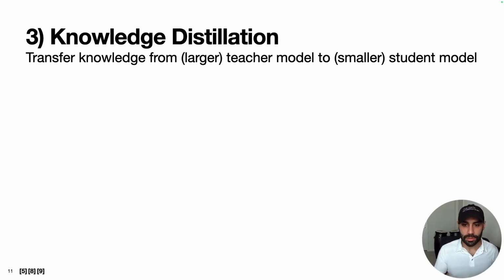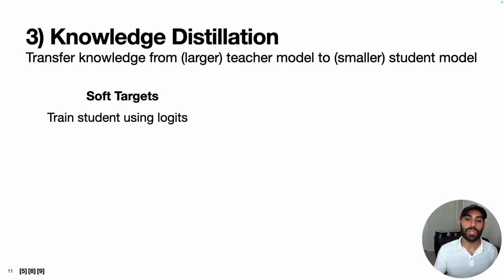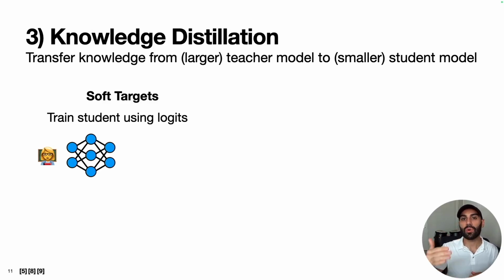The first is using soft targets, which consists of training the student model using the logits from the teacher model. What that means is, let's say we have our teacher model here, and let's say it performs sentiment analysis. So given a chunk of text, it'll label that text as either positive sentiment or negative sentiment.